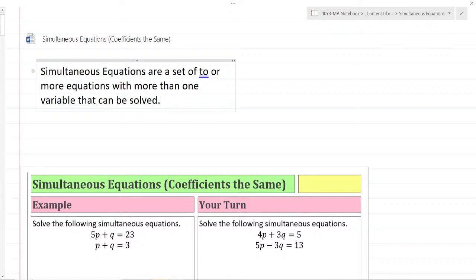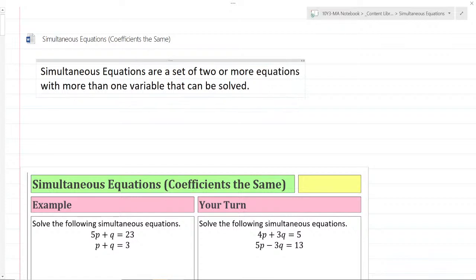Simultaneous equations are a set of two or more equations with more than one variable that can be solved. So that's the first thing we need to write down.